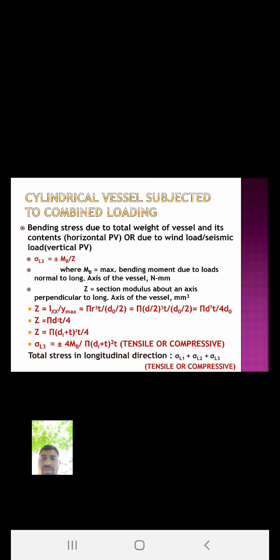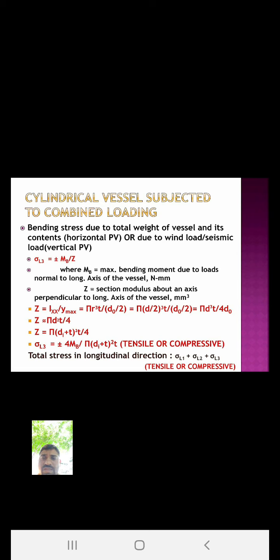Then again you can put the value of the mean diameter of the cylinder, d equal to di plus t. Already we have seen Z is equal to pi into bracket di plus t square into t divided by 4.